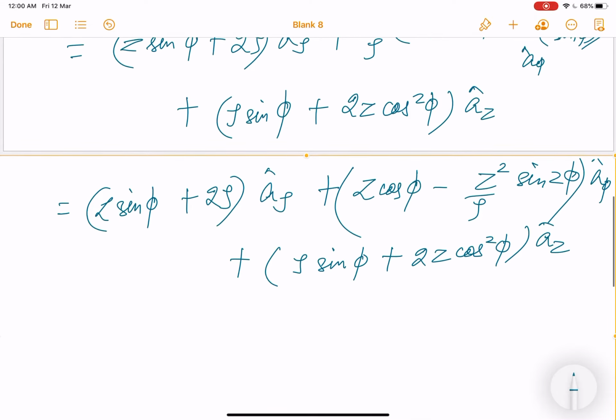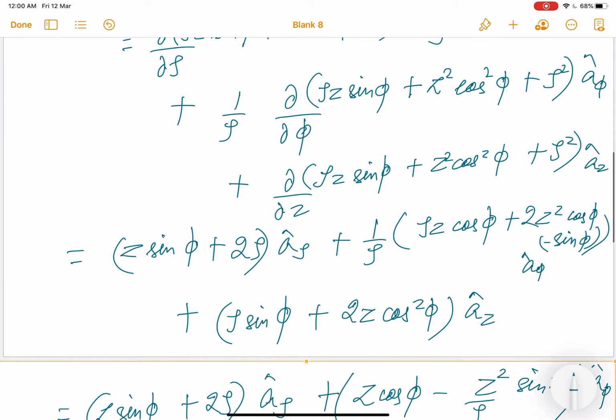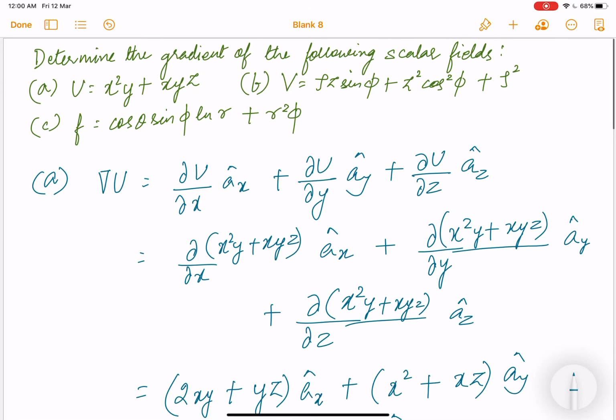Then what's the next bit? Over here it's given in spherical coordinates.